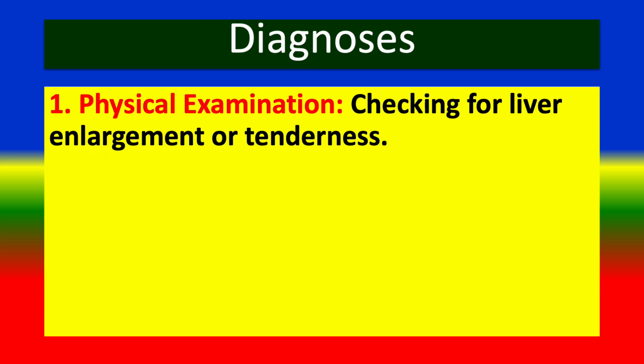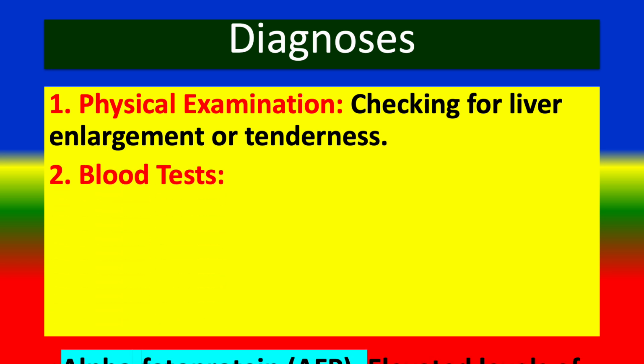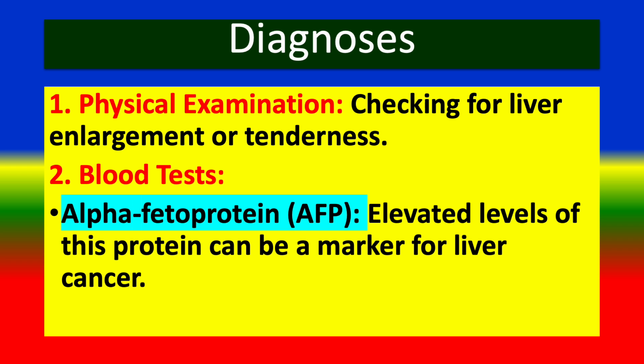Diagnosis. 1. Physical examination, checking for liver enlargement or tenderness. 2. Blood test. Alpha-fetoprotein, AFP. Elevated levels of this protein can be a marker for liver cancer.